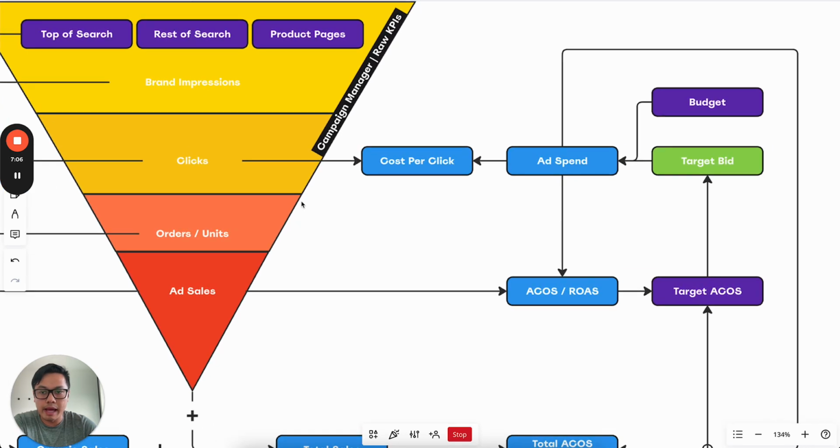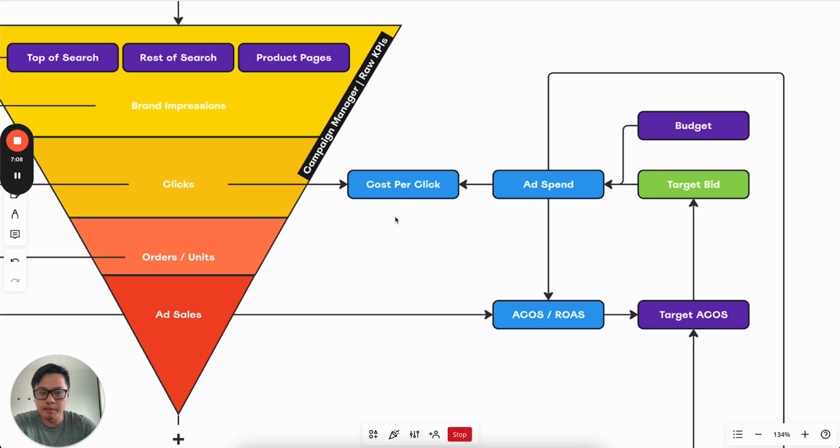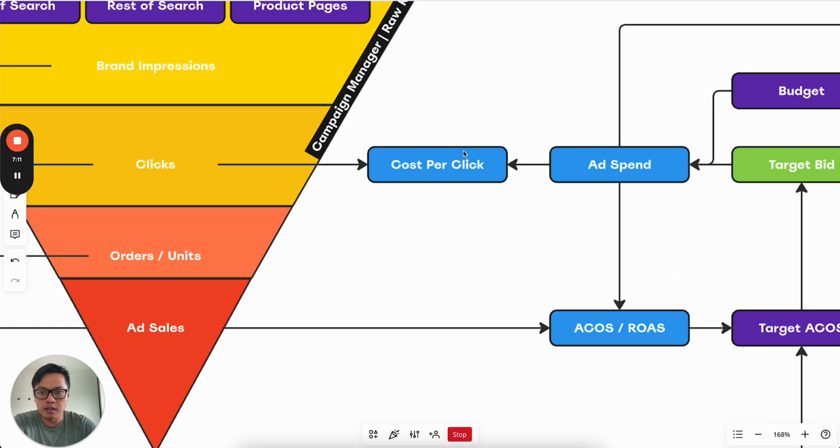What you end up paying is dependent on your bid. So at your current bid, you'll generate a certain amount of clicks, which will then translate into how much ad spend you have. That ad spend will be clicks multiplied by your bid. From there, we're able to calculate the cost per click, which is essentially your bid.